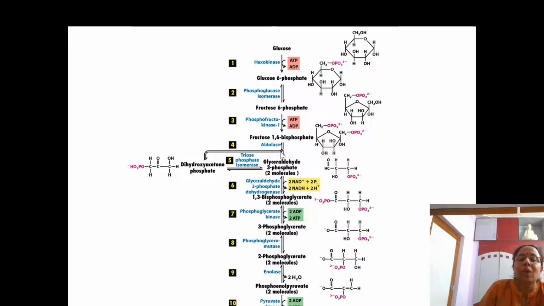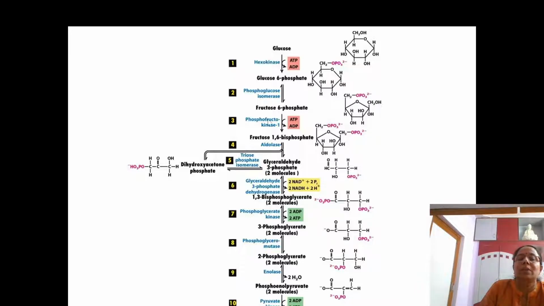Now, whatever reactions take place down the line of G3P are true for down the line of DHAP. The last step of the preparatory phase is that dihydroxyacetone phosphate and G3P can be interconverted with the help of an enzyme, triose phosphate isomerase.